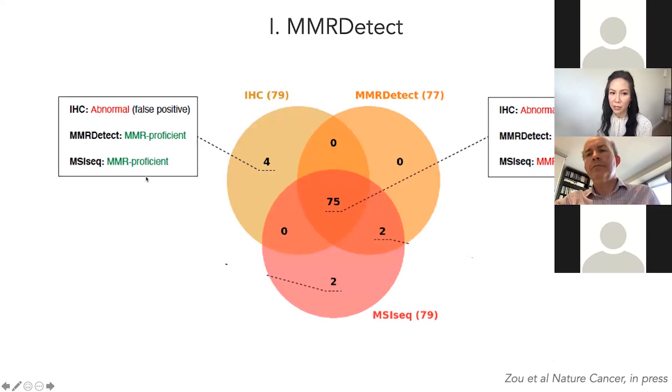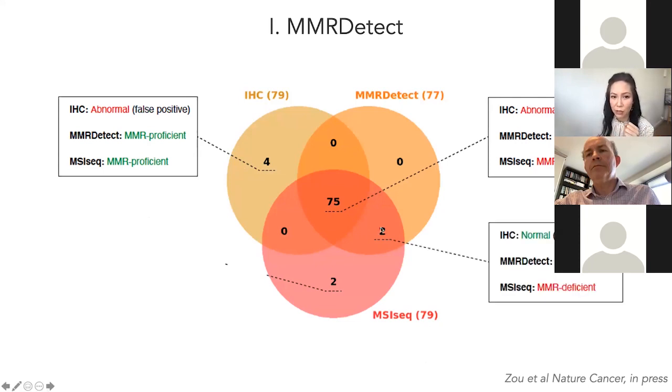Now, there were 4 cases that were found to be MMR deficient by immunohistochemistry, but not by the other 2 algorithms. And in fact, we did not find a genetic defect. We couldn't find a mutation in any of the mismatch repair genes. Now, for these 2 cases, which were shared between MMR-Detect and MSI-Seq, we did find loss of function mutations in MMR genes.